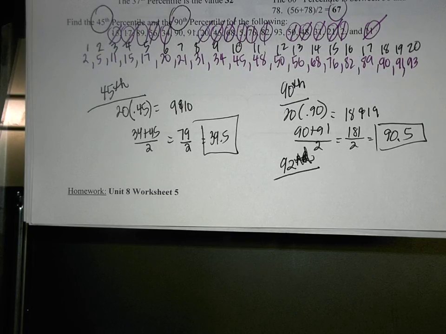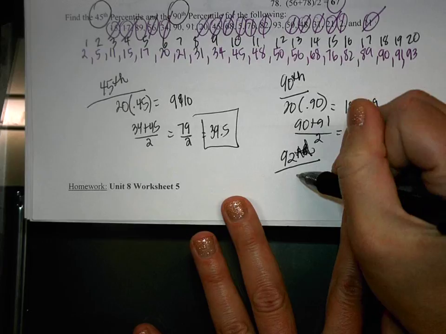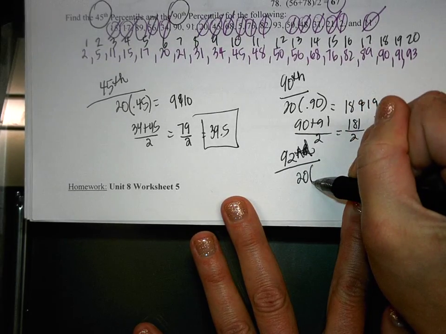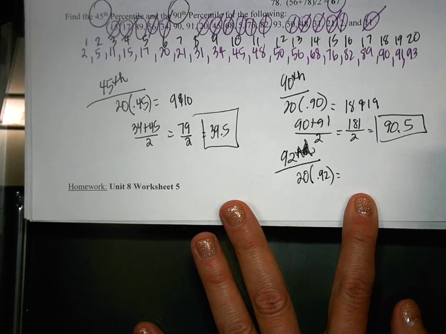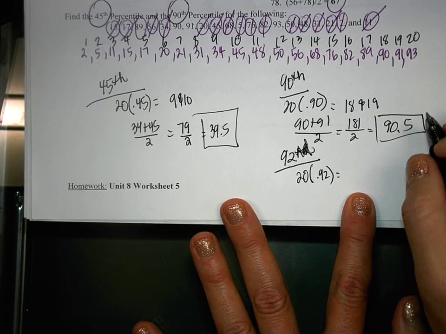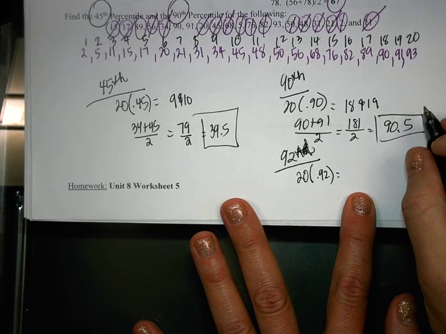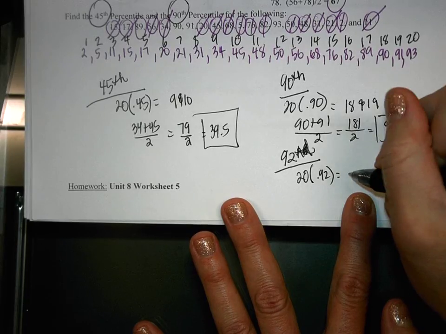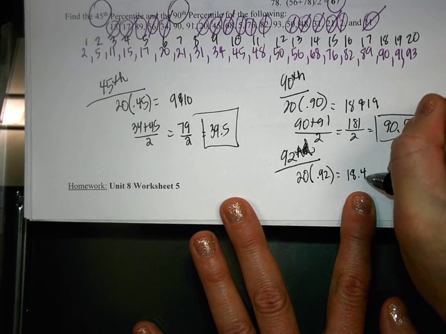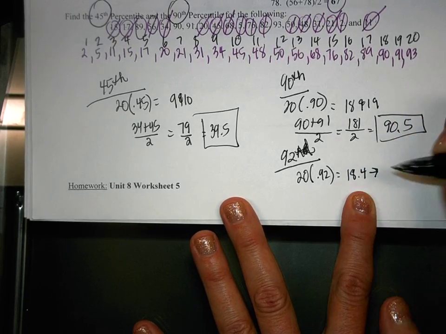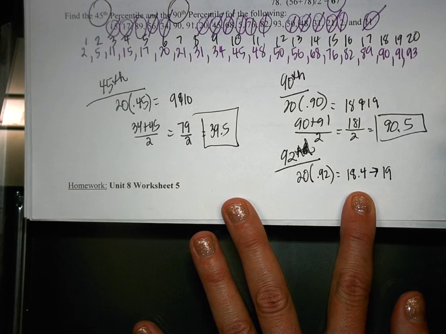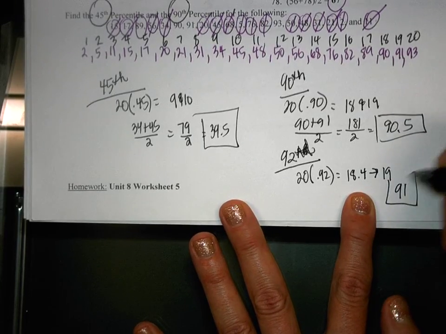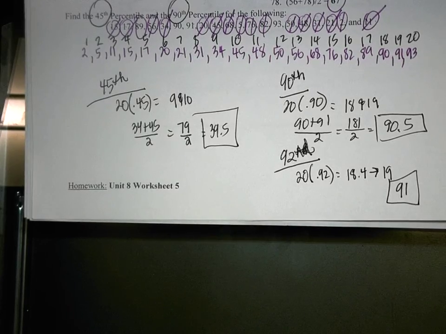We're going to take 20, our n value, times 0.92, and what do you get? Good, 18.4. Since I got a decimal, I'm going to round that up to what? 19. So in this case, the value will be what? 91. Okay? Any questions?